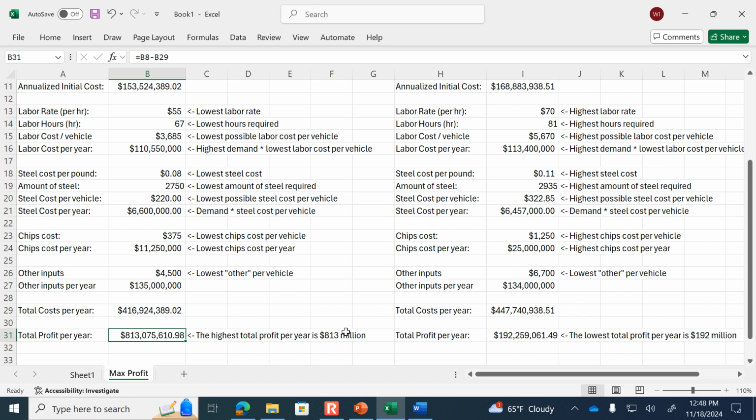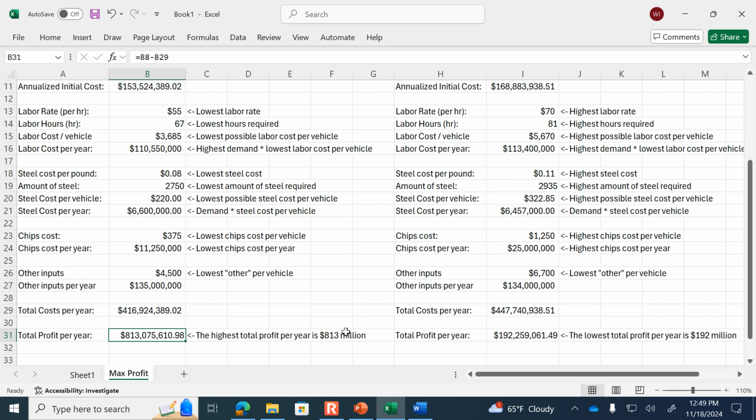But what we haven't done is put in the most likely outcome. And that's what we're going to do on Wednesday. We're going to play around with a technique that allows us to not only look at the two extremes, but also to come up with a probability distribution of the most likely outcome. And then it generates a statistical distribution of the likely profits.